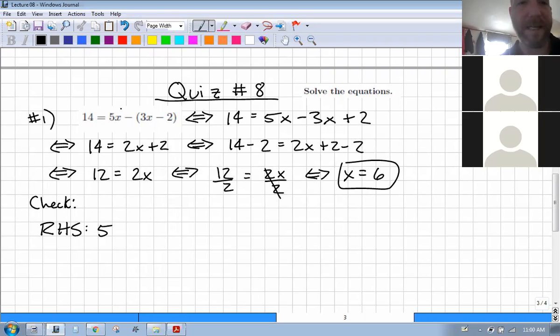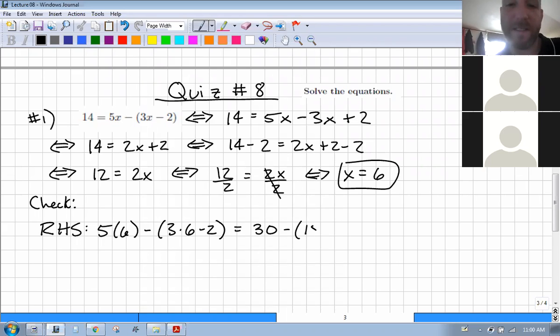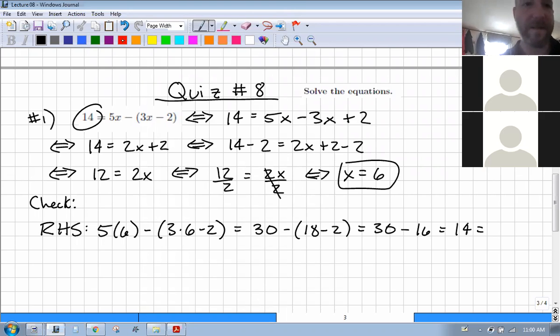If we replace x with 6, we have 5 times 6 is 30, minus 6 times 3 is 18. 30 minus 16, which is 14. And that's the other side of the equation. That's our left-hand side.